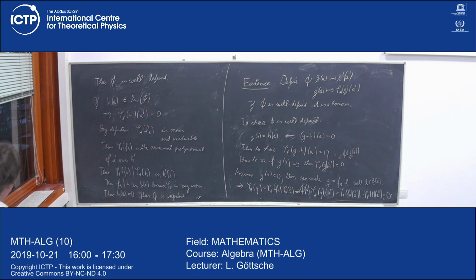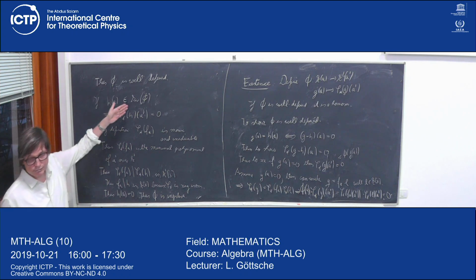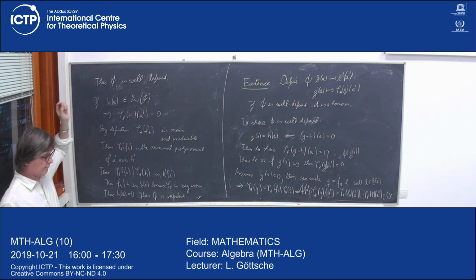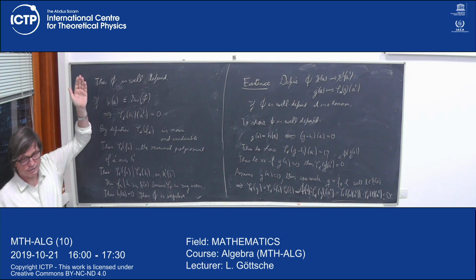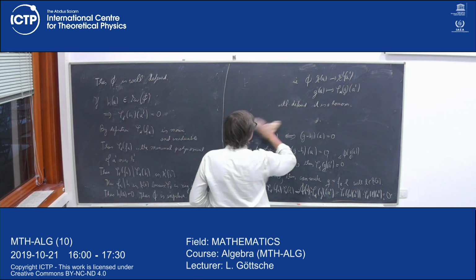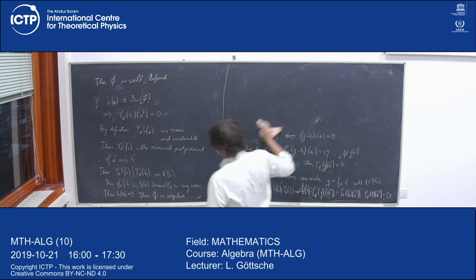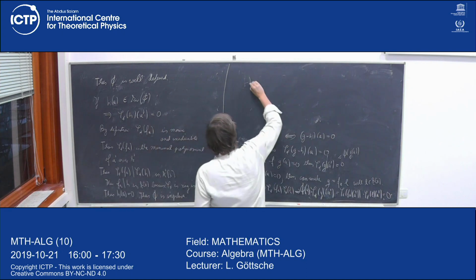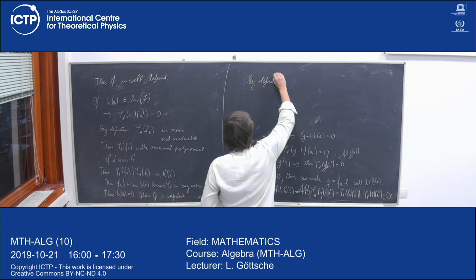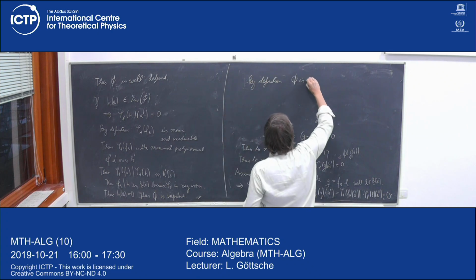And by definition, again, phi is surjective, because the definition was just that any polynomial in a, g of a, is sent to the corresponding polynomial in a prime.